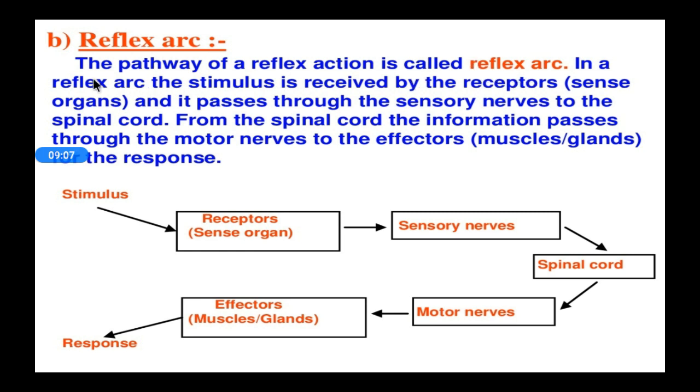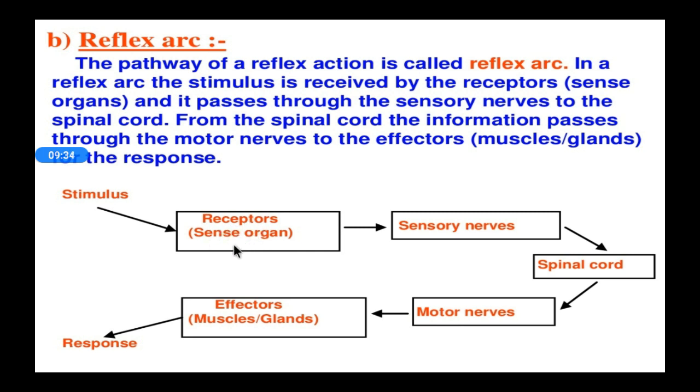So in a reflex arc, the stimulus is received by the receptors and it passes through the sensory nerves to the spinal cord. From the spinal cord, the information passes through the motor nerves to the effectors. Then we respond. Here you can see the flow chart of it. The stimulus is coming, and our receptors, that is the sense organ, receive it.